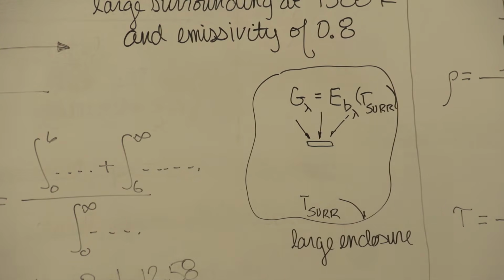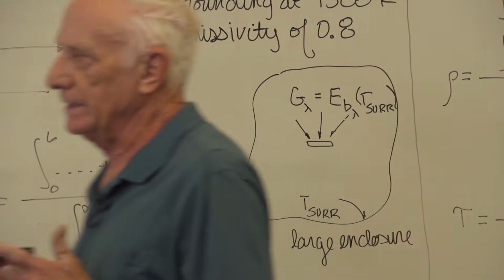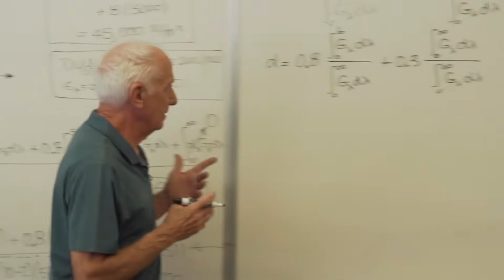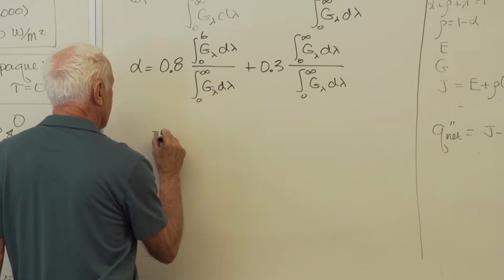So the incoming radiation appears to have come from a black body at the temperature of the surroundings. Okay. So wherever I see a G in these equations, I can replace it with the E_B lambda. So this is 8/10.